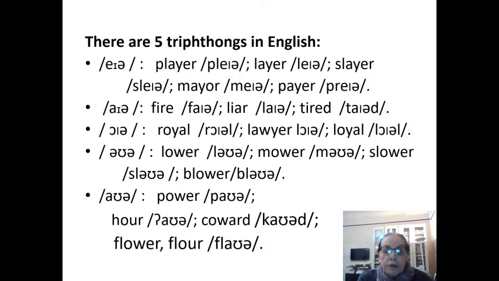Right, now there are 5 triphthongs in English. A, I, oi, أو أو. أي زي play زي lay زي pay زي may pay أو pray. على فكرة هي في R هنا ناقصة. pray هي معمول الترانسكريبشن بتاع pray. أي زي fire زي lie زي tired. وأوي زي رويا زي لويا زي موة سلوى وموة وبلوة كل دول أويا. وبعدين أوا زي باور وhour نفسها يعني ساعة، وcoward coward، وفلاور بتتكتب بطريقتين بس تتنطق نفس النطق flower.